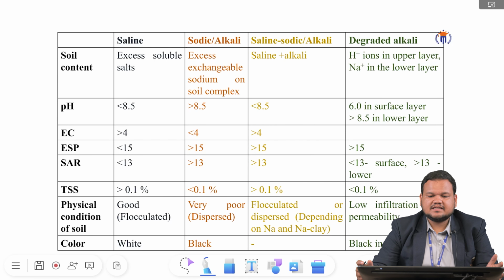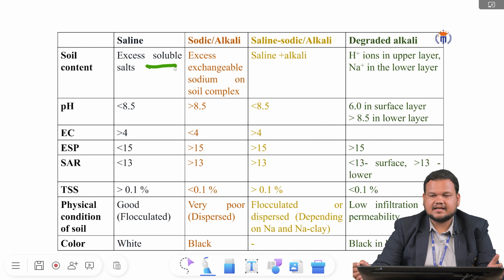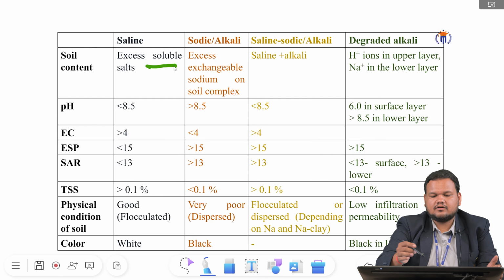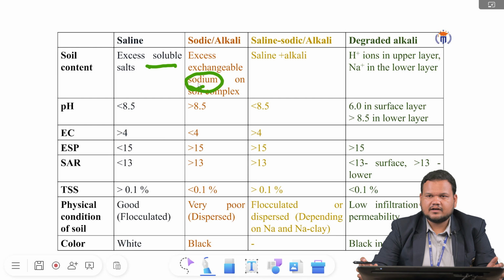So what is the difference between saline soils, sodic soils, saline sodic and degraded alkali soils? As you can see, more soluble salts are present within saline soils, whereas in sodic soils only exchangeable sodium occupies the soil complex.